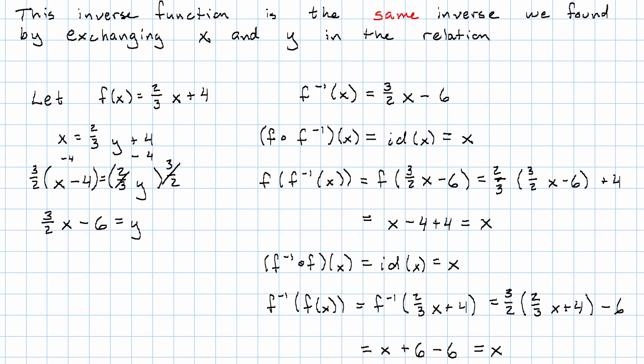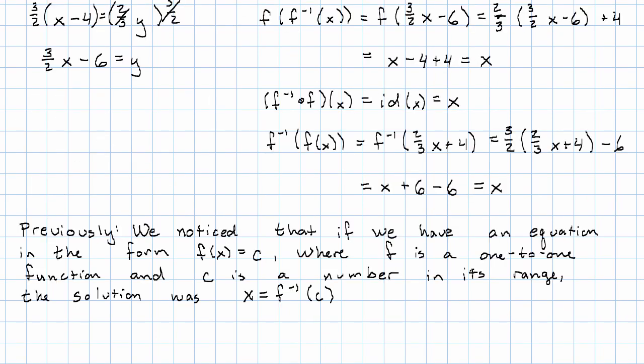And that also comes back to something that we saw in a previous lesson. Previously we noticed that if we have an equation of the form f of x equals c, where f is a one-to-one function and c is a number in its range, then the solution could be found by just applying the inverse function to that number.